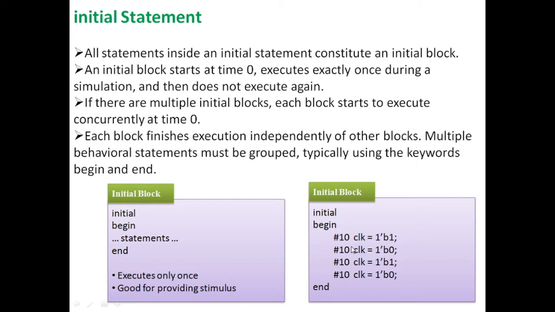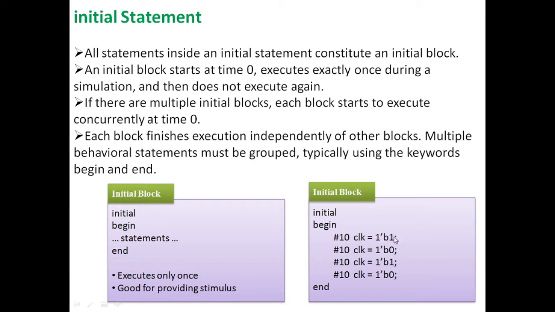So after 10 seconds my clock variable will have logic 1. After 20 seconds my clock has 0. After 30 seconds it is 1, and after 40 seconds it is 1-bit binary 0. That means the second statement will be executed only after the execution of the first statement.